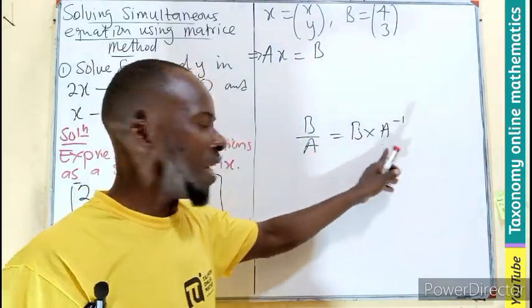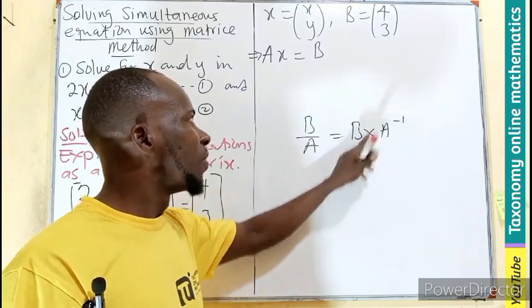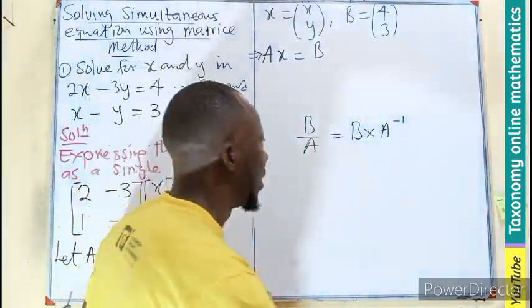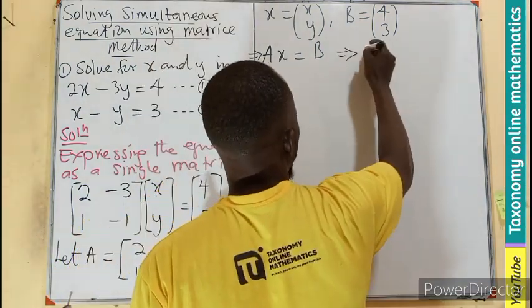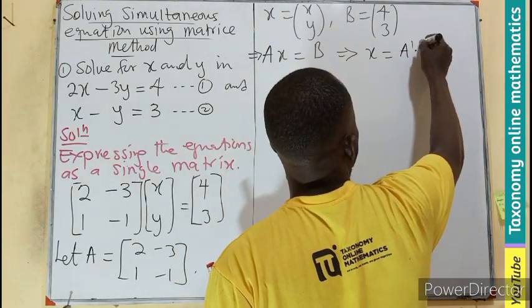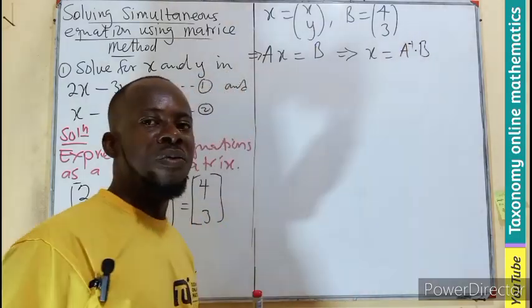So this inverse is a matrix. The inverse of this matrix times the b will give us the value of x. So directly, we are only going to imply that our x will be equal to the inverse of A times b.